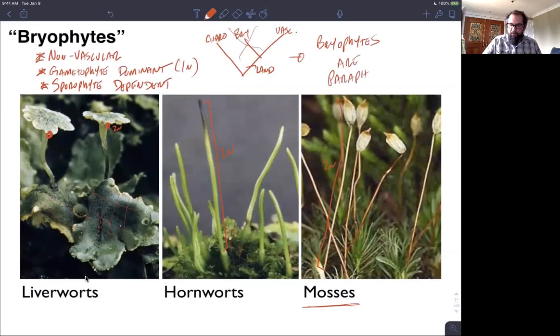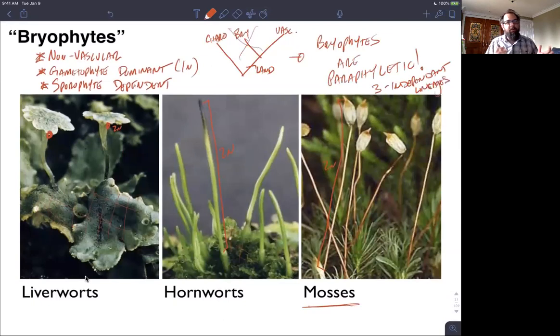And so these don't represent one lineage, but actually 3 independent lineages of the tree of life. I'll show you what that looks like in a second.